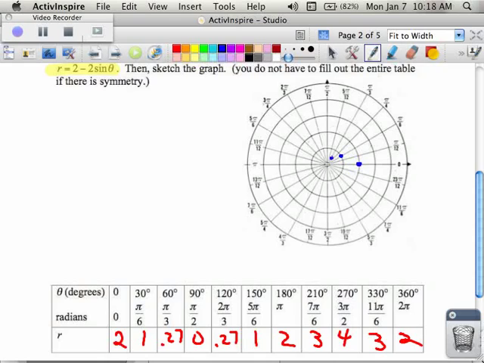At pi over 2, I'm at 0. And then it's symmetric. So 2 pi over 3, I'm at 0.27 again. And I have really big fat dots here, so that's not so great, but whatever. Pi over 6, I'm at 1. Whoops, I hit the wrong one, didn't I? No, I didn't.